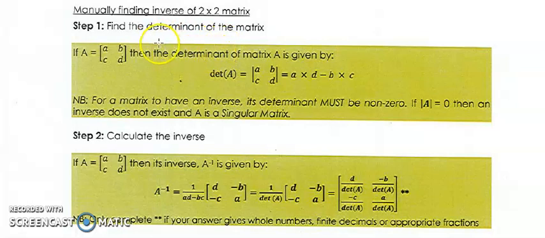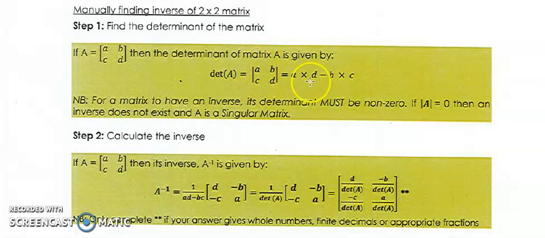It is a specific calculation that we need to obtain first in order to get the inverse of a matrix. Whatever your matrix is, it has to be in that order: A top left, B top right, C bottom left, D bottom right.